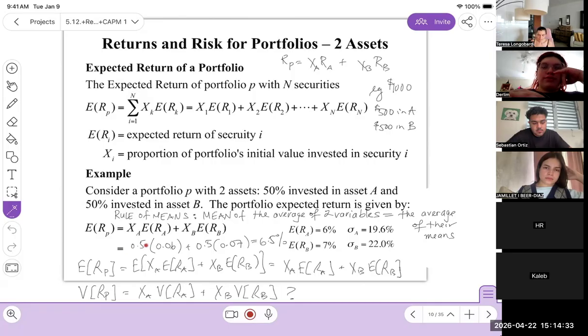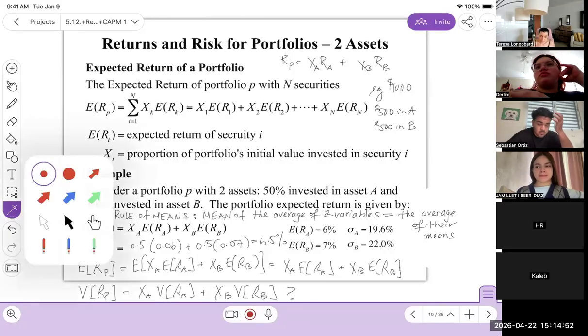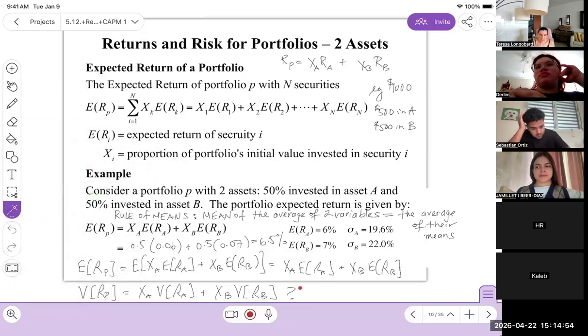Wouldn't the numbers then be different? What do you mean? R keeps being R, doesn't matter if it has an E or a V. I'm not saying this is the answer. I'm saying, what would it be? Would this possibly be the answer?